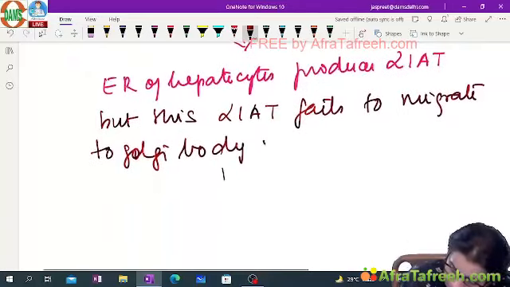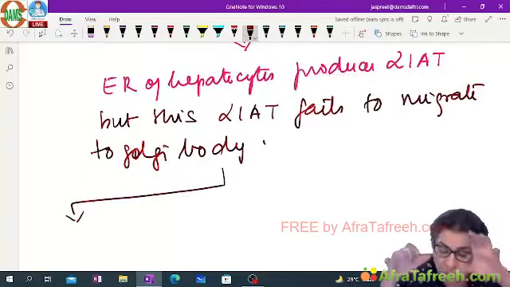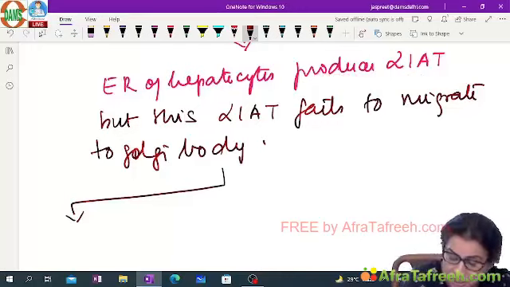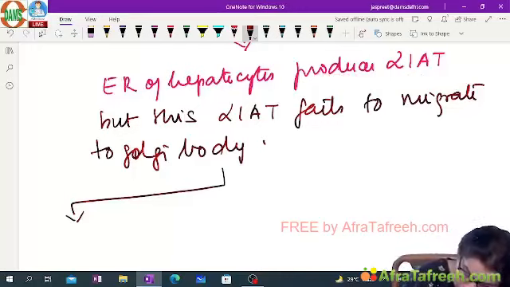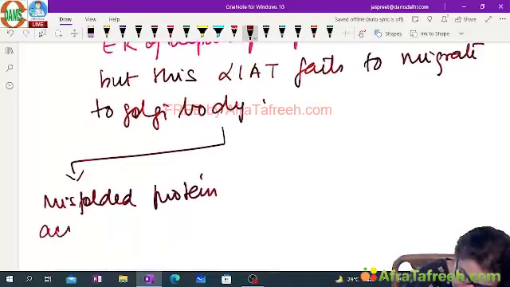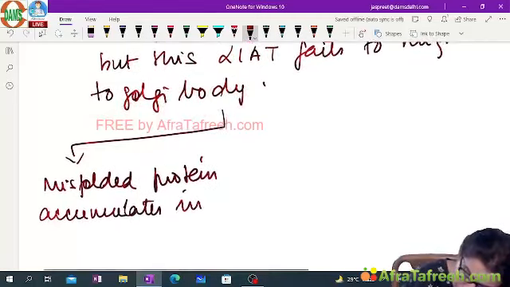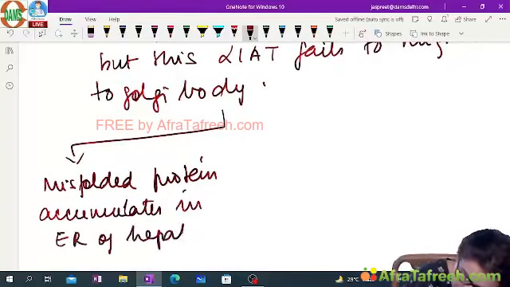So as a result, this abnormal, misfolded alpha-1 antitrypsin accumulates in the endoplasmic reticulum of hepatocytes.